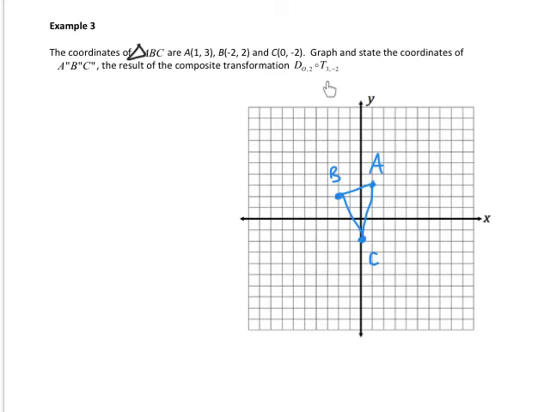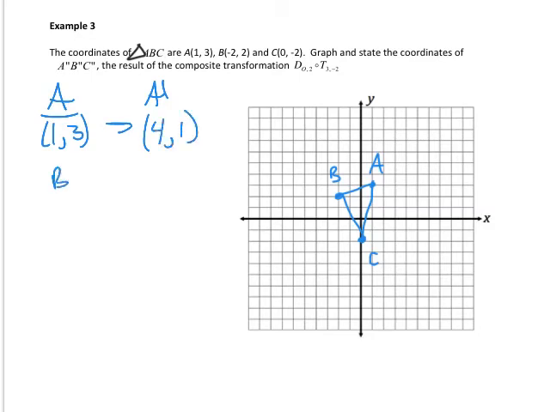I'm going to apply the translation rule to my 3 coordinates. So if A is 1, 3, then A prime under that translation is going to be, I'm basically adding 3 to x and subtracting 2 from y, so that's going to be 4, 1.